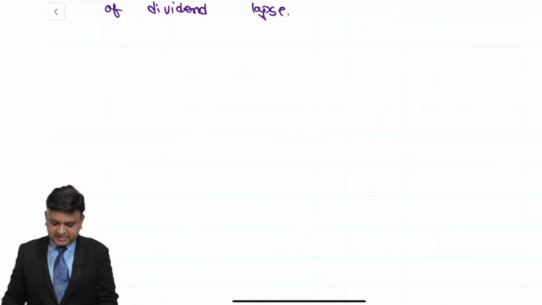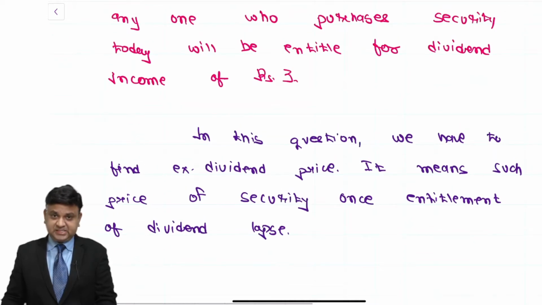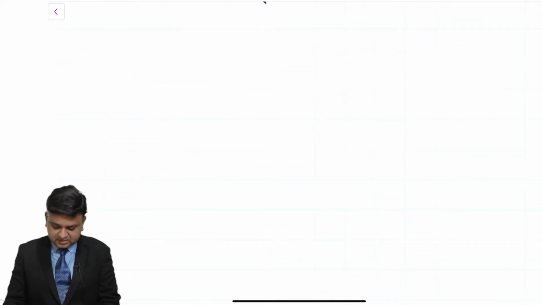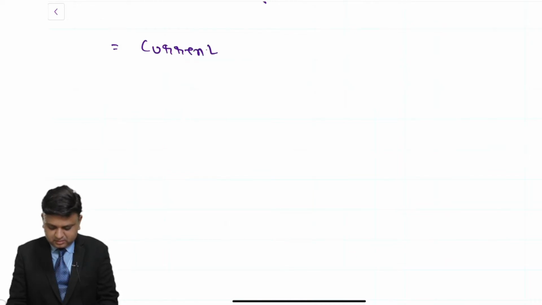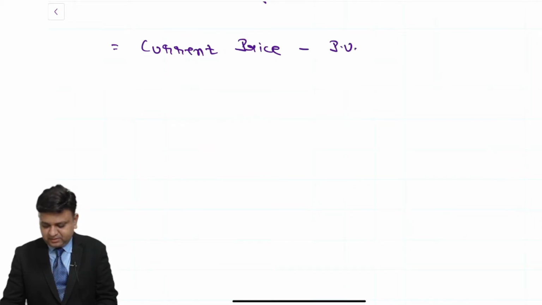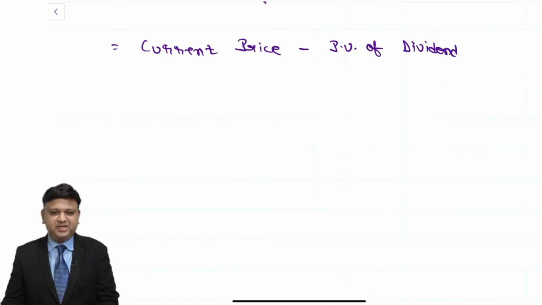So friends, we understand that the answer of the question is rupees 97. That is like current price minus present value of dividend. But since the time period is very less and even the rate of interest is not given, it is 100 minus 3.